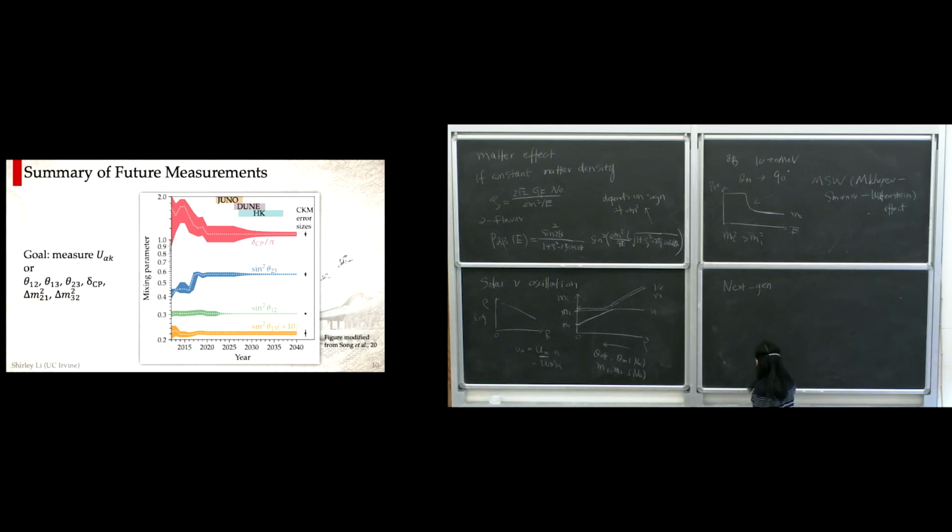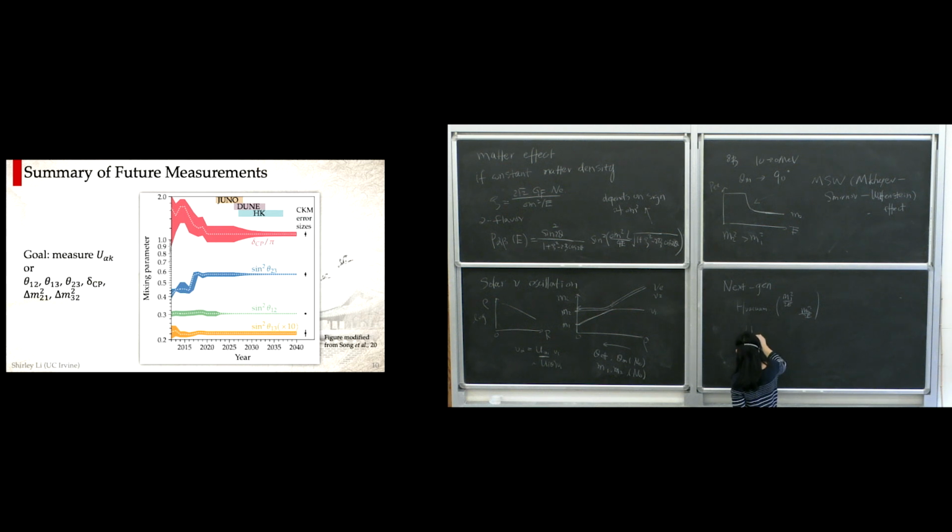So let's see. Because we have managed to write down the Hamiltonian in vacuum, which is just like m1 squared over m2 squared, the Hamiltonian in mass eigenstate.